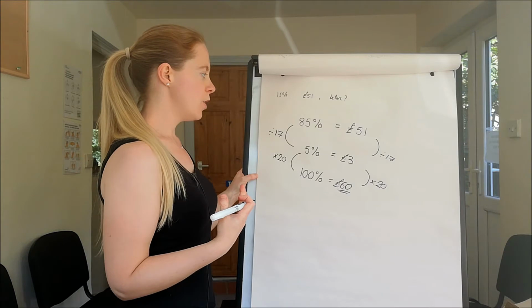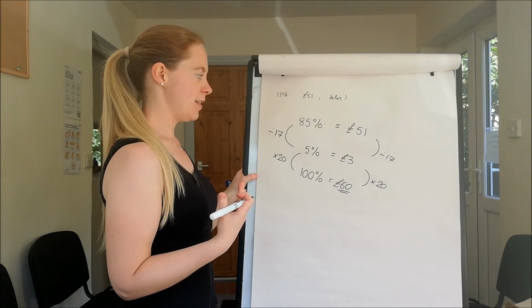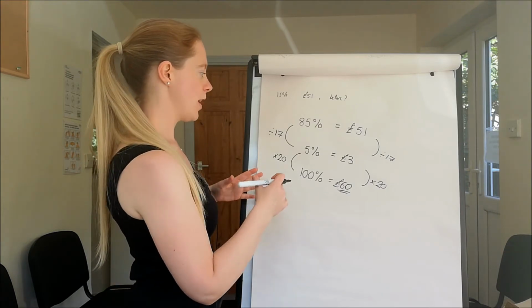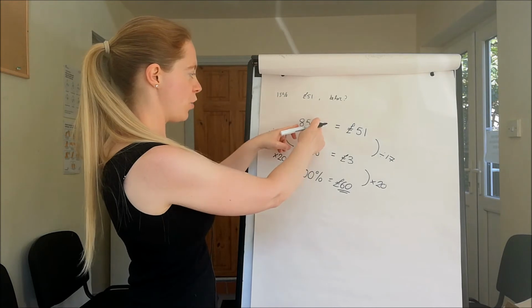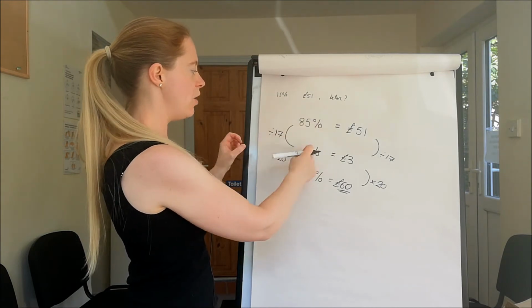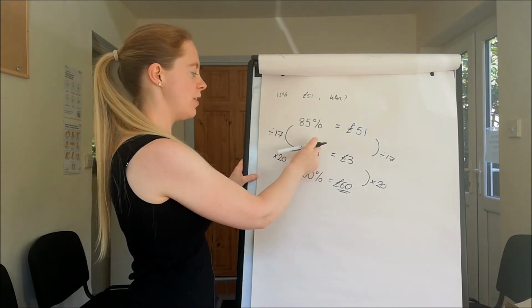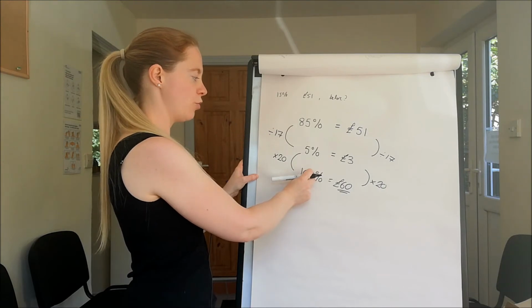Okay? So on a non-calculator paper, what we're looking for is something that we can divide this by that will give a number that can then be scaled up to fit into 100.